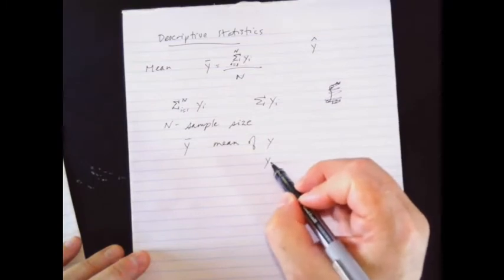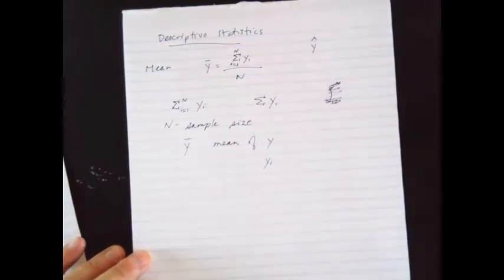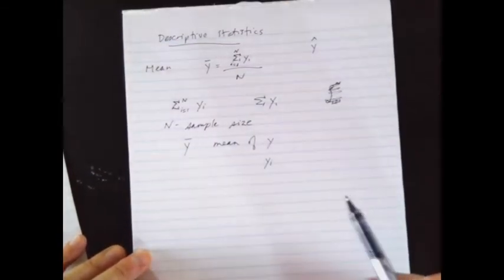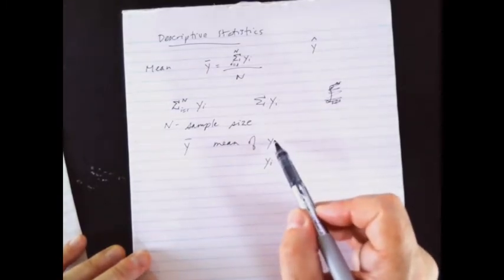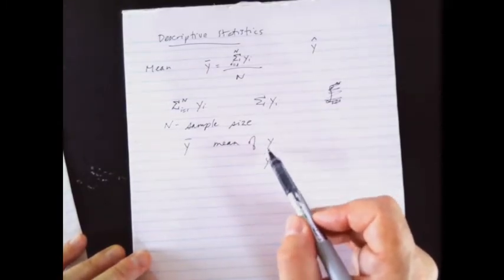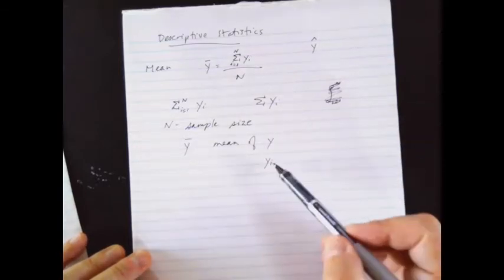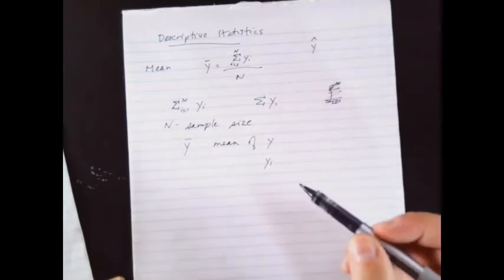If I put the subscript either i or t in the case of time series variables, then I'm referring to a single observation. So this might be what would be the stock price. Let's say there's a corporation, Apple Corporation or something, and so I might say y is the stock price of Apple and y_i is the stock price of Apple on a particular day.